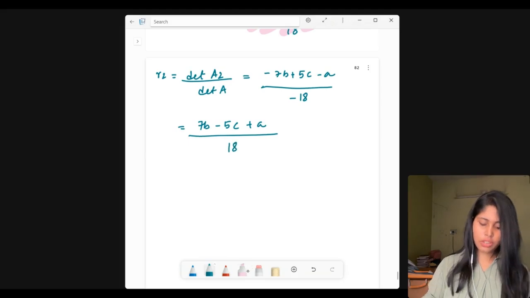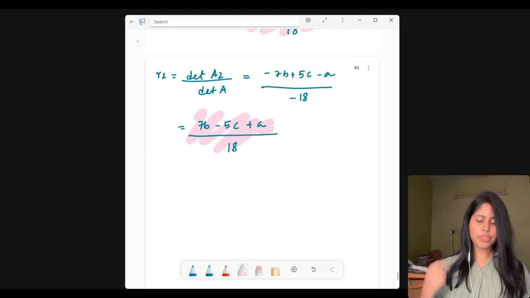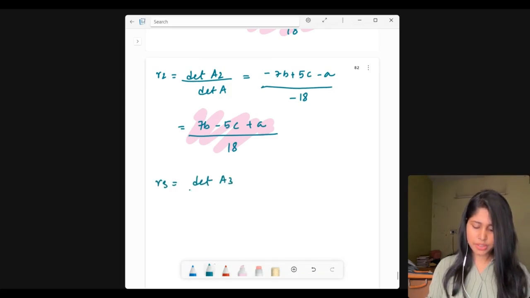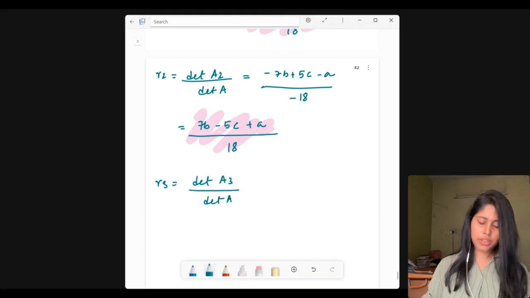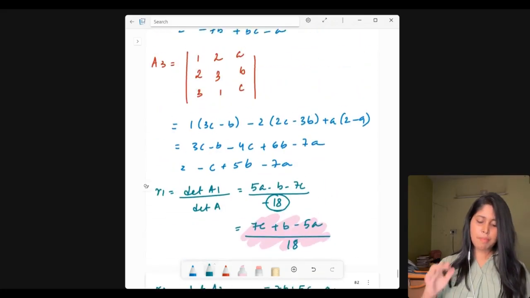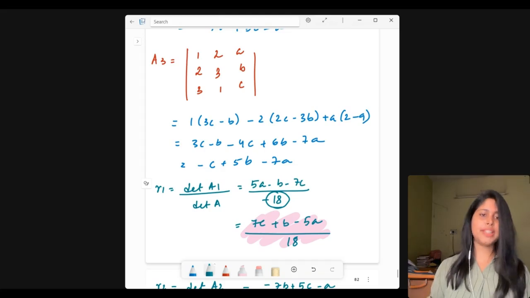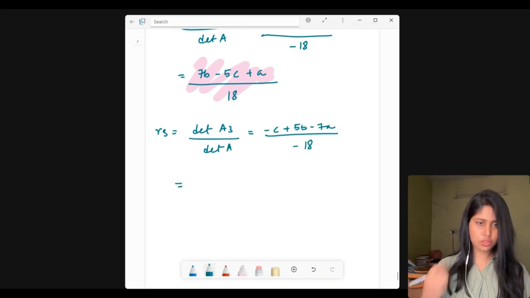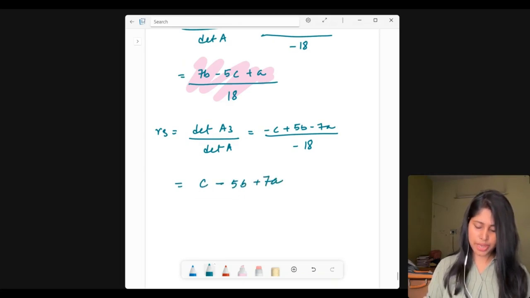So this is our value of r2. Now next, r3 is determinant of A3 by determinant of A. The determinant of A3 is minus c plus 5b minus 7a, divided by minus 18, which is equal to, changing the signs, c minus 5b plus 7a by 18.